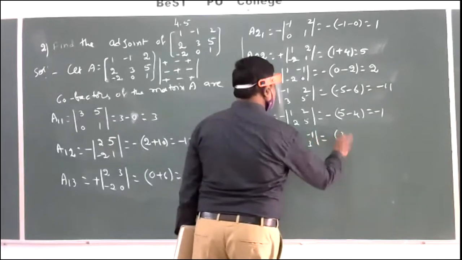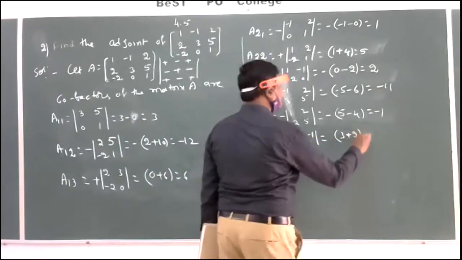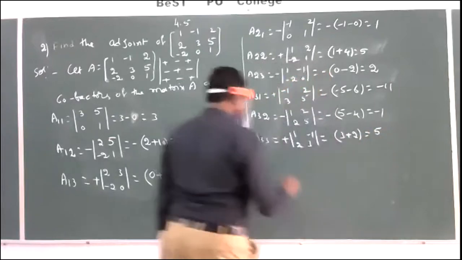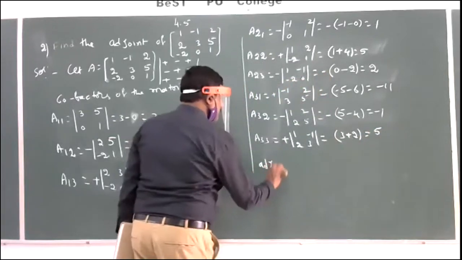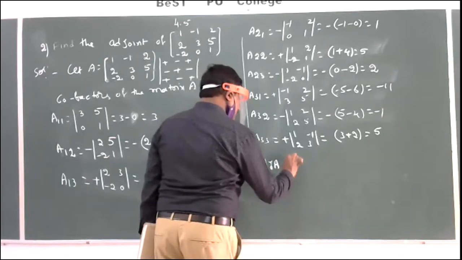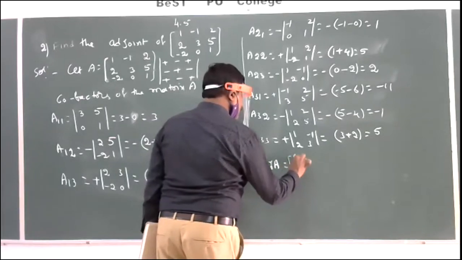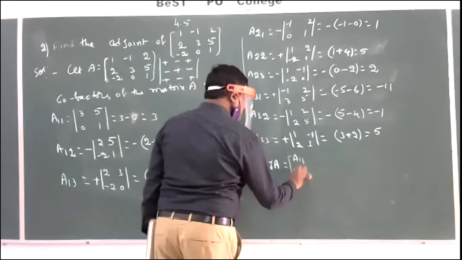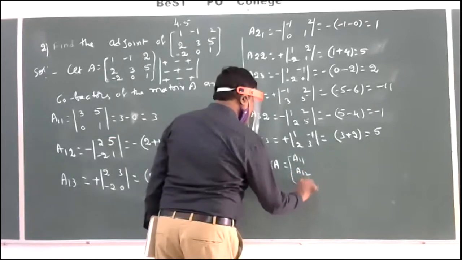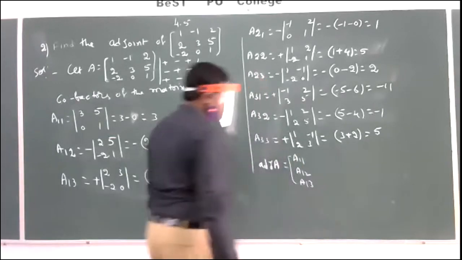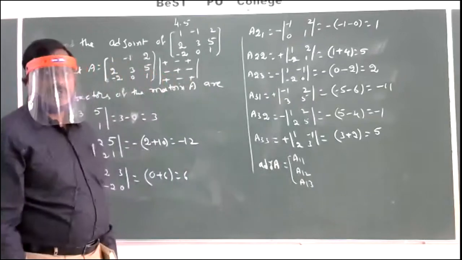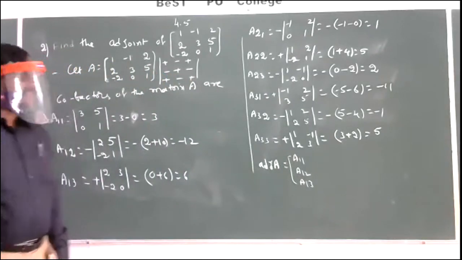Then it is 3 plus 2, 5. Now adjoint A equal to A11, A12, A13. That means the first row cofactors are written down in the first column.